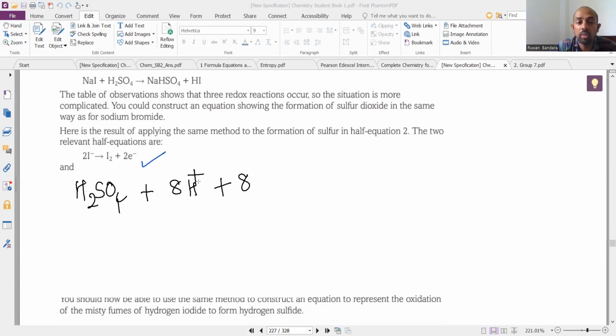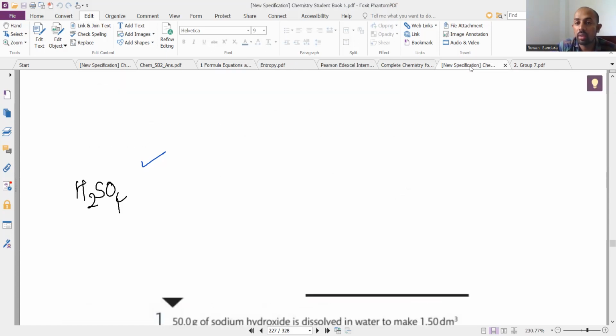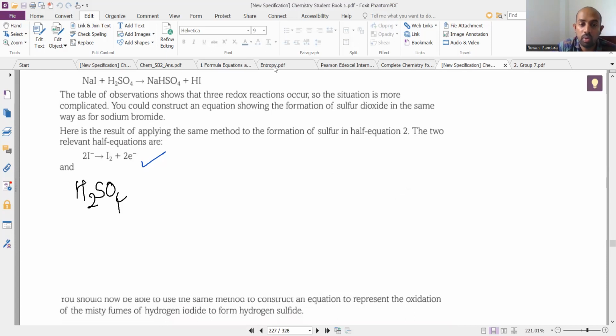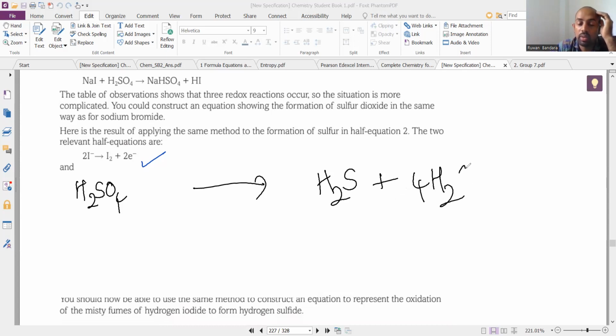H2SO4 produces H2S, here 4H2O, then 4H2O plus 8H plus plus 8 electrons. Now it balances.